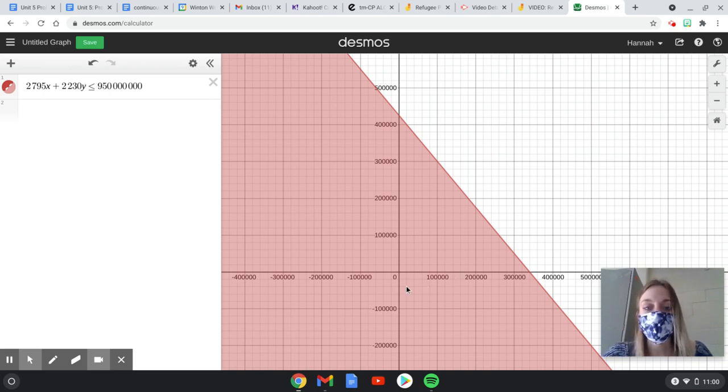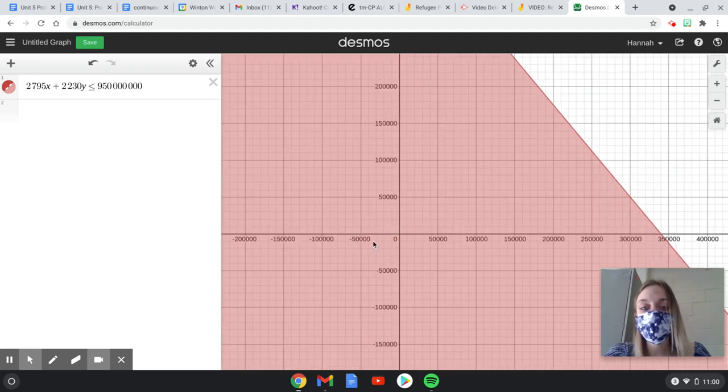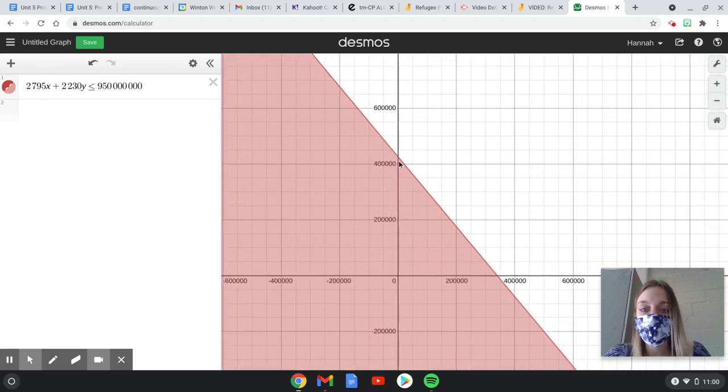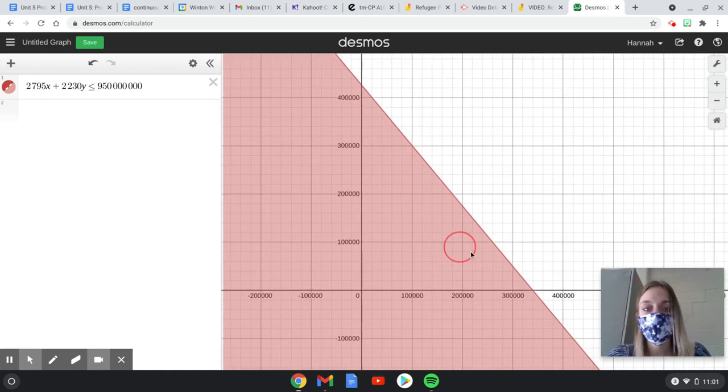And then same thing, anything that's to the bottom of this line here, you see I have negative 50,000, negative 100,000. I'm also cutting that off. So really, the only area that I'm looking at is this little triangle. So I'm finding points that are inside this triangle.